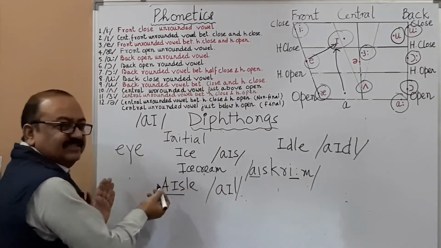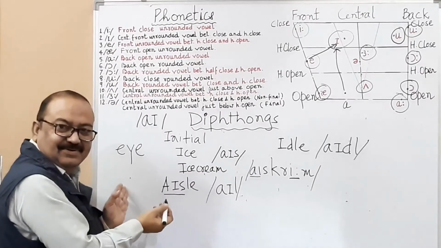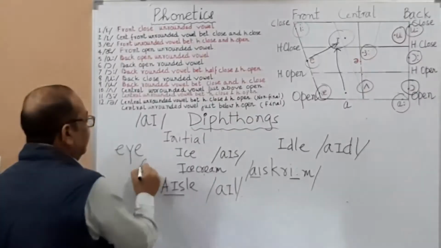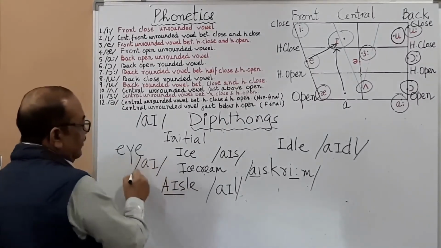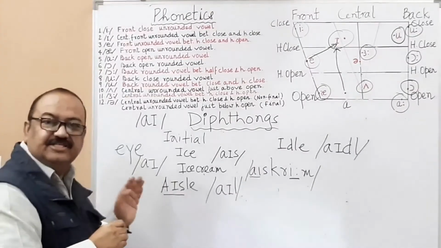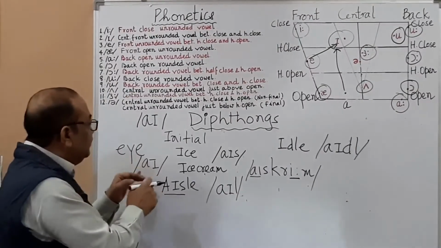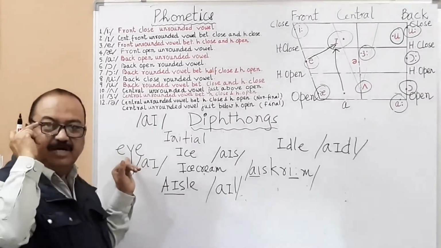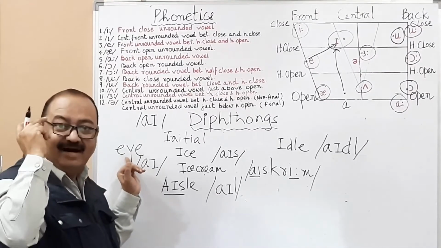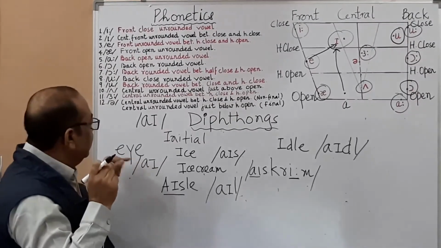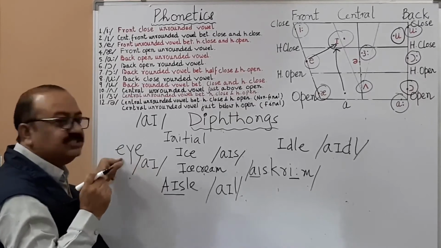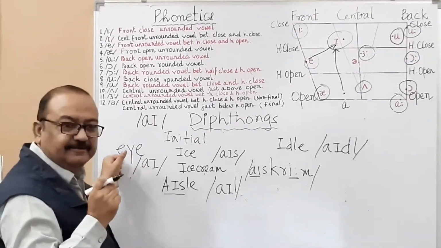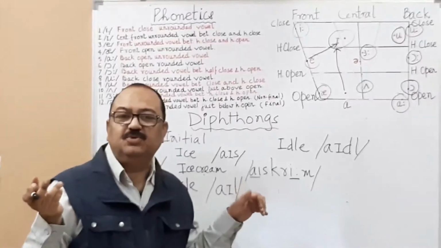You would simply write a diphthong as it is. Okay? You don't have to do anything. This is I. So this is the sound. Remember this part of your face. This diphthong gives you this sound. One or two more words.